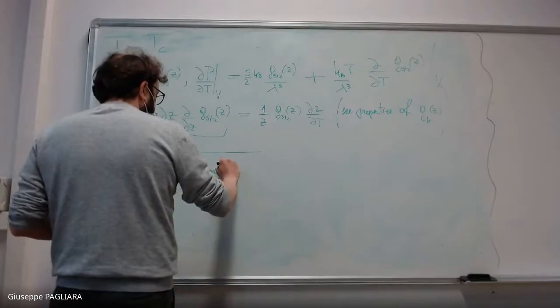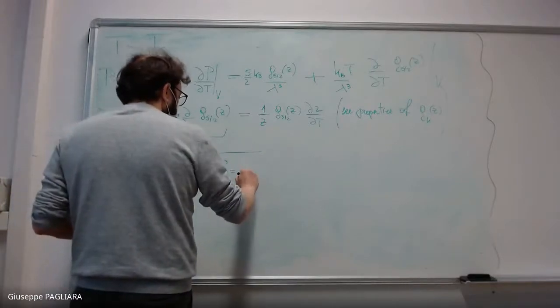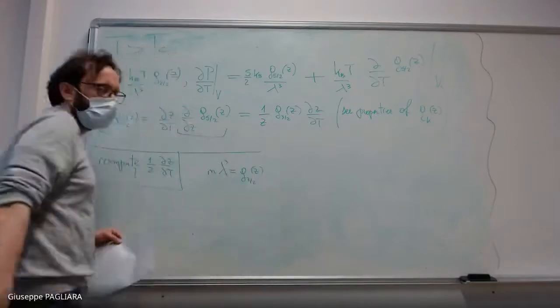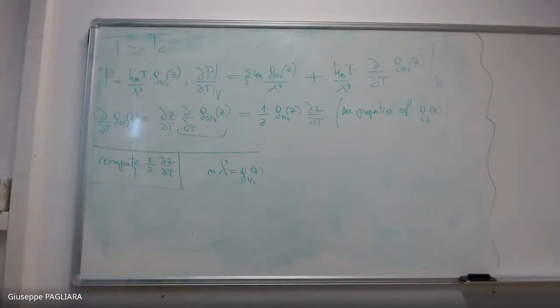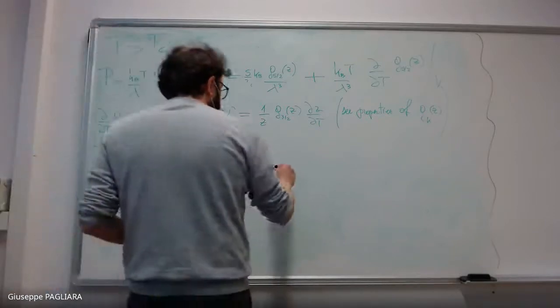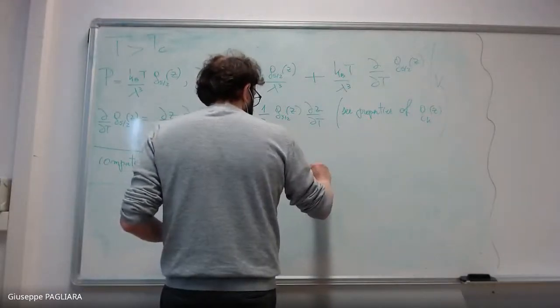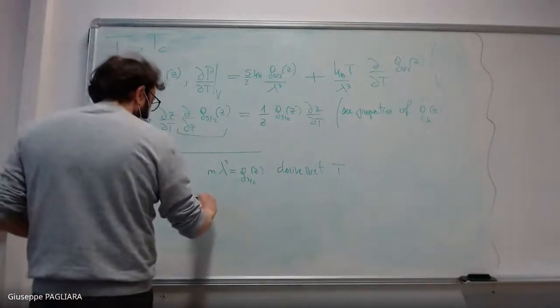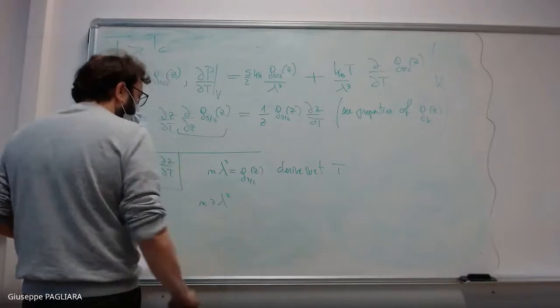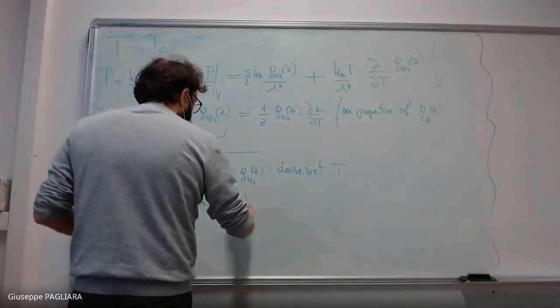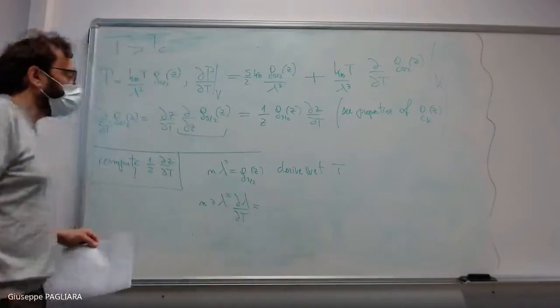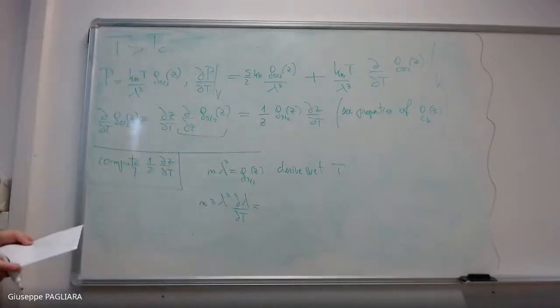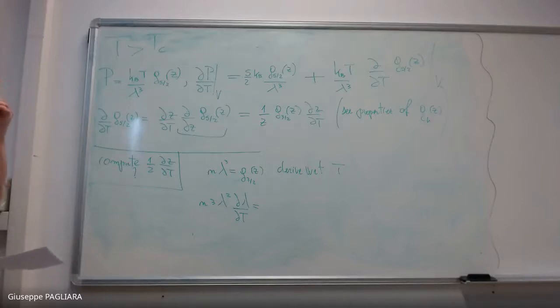Let's start with this equation, which is the second equation that we have for a quantum gas, which is n lambda cubed is equal to g_{3/2} of z. Now let's derive with respect to temperature. Here I have 3n lambda squared and the derivative of lambda with respect to T. And here, by using the same relation as before, I can write this as the derivative of 1 over z times g_{1/2} of z.